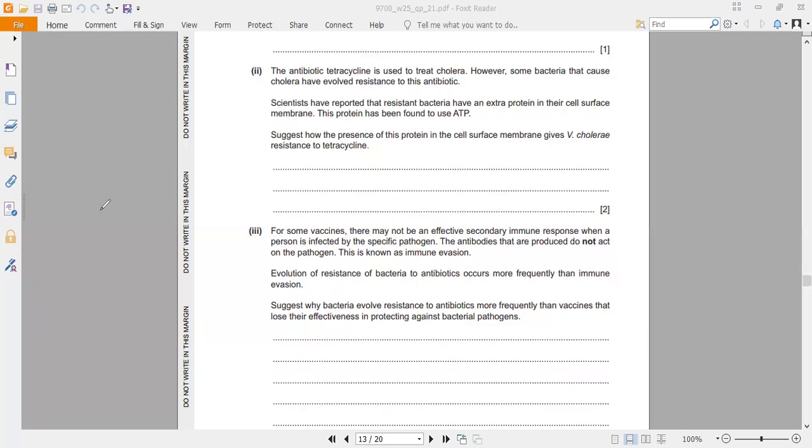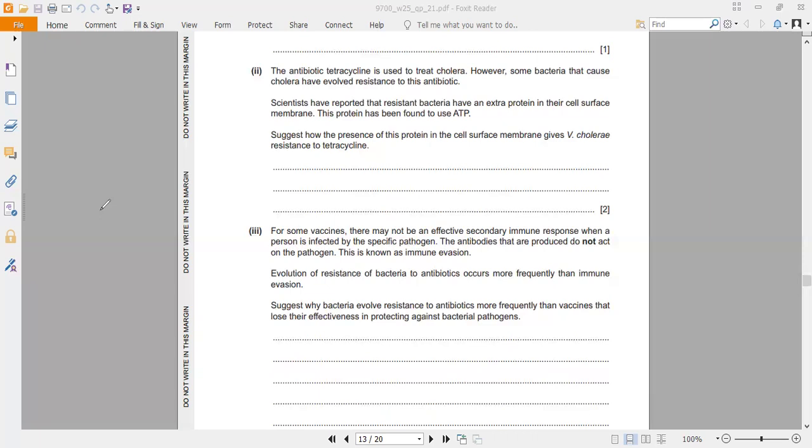According to this question, the protein likely acts as an active transport pump. The extra protein acts as an active transport pump, which uses ATP.